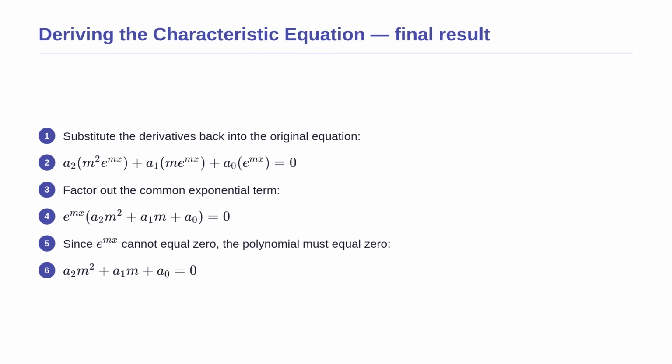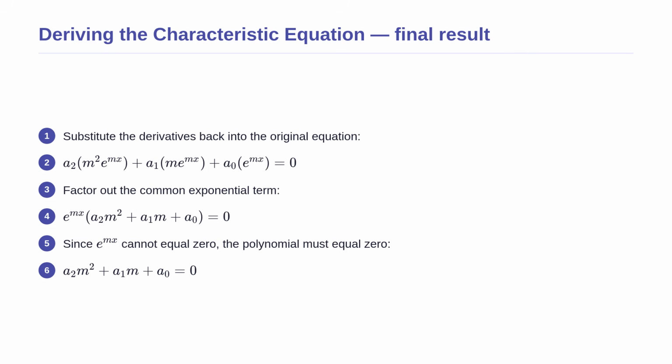With our derivatives ready, let us perform the substitution to find our final result. We replace the second derivative, the first derivative, and the original function in our second-order equation. Notice the absolute magic of choosing the exponential function. Every single term now contains that exact same exponential piece. Because it is a common factor, we can factor it out completely to the front.